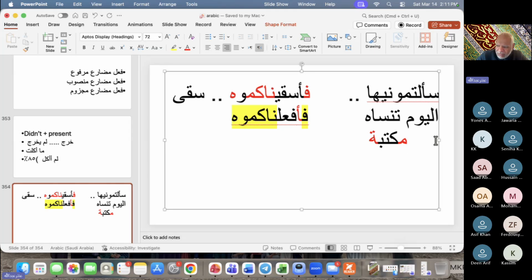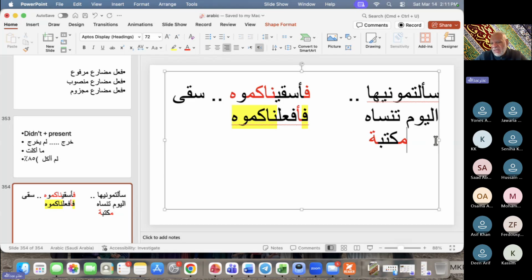So there are 2 justifications. You can say that a ta marbuta is a marker for the feminine, so it cannot be part of the word. It is an added thing to mark the feminine. So we can drop it safely because it is not part of the word. In Arabic, whenever we would like to mark the feminine, we add the ta marbuta, which means that it wasn't there. And so we are left with maktab.